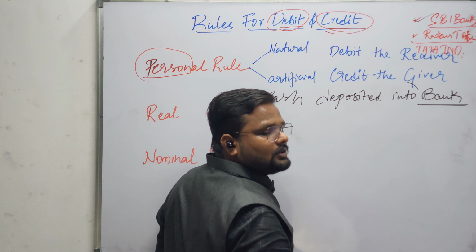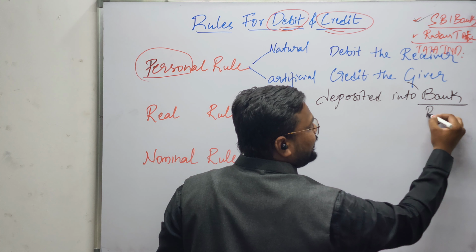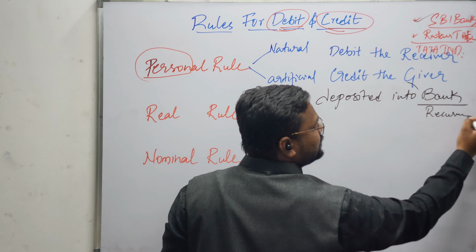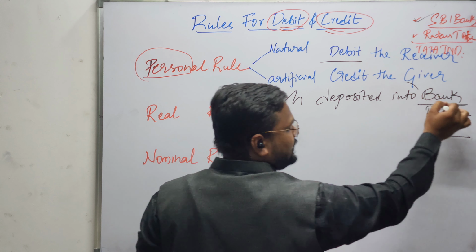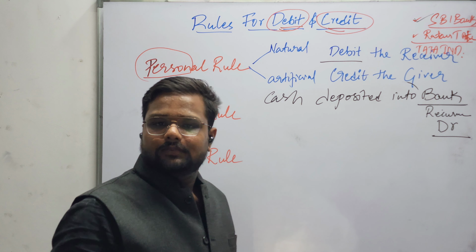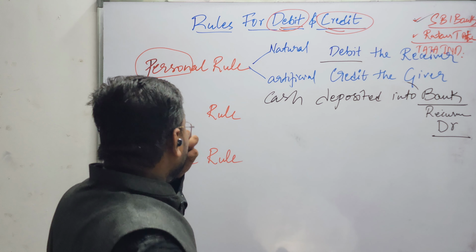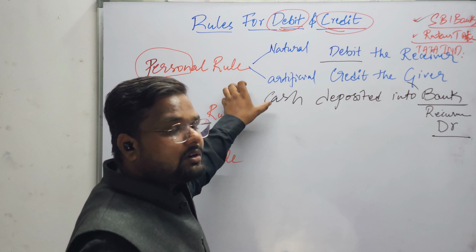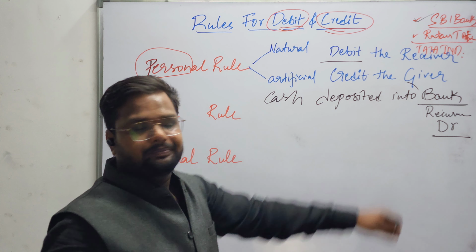What we need to debit or credit the bank? Bank is in the position of receiver. So debit the bank. Okay, understood? So this is the personal rule: debit the receiver, credit the giver.